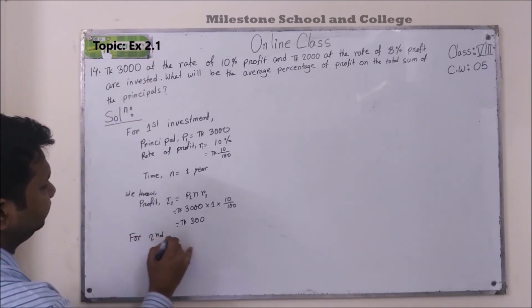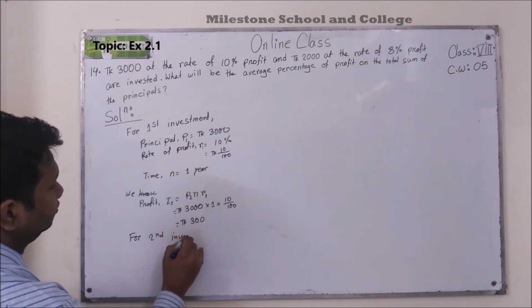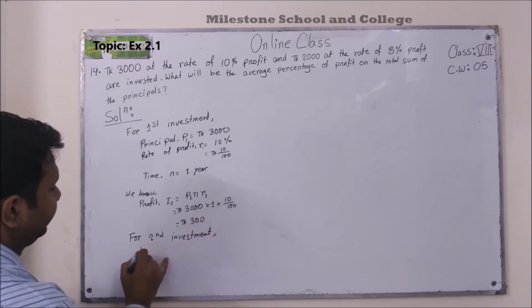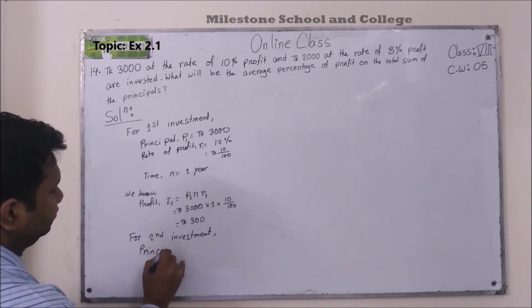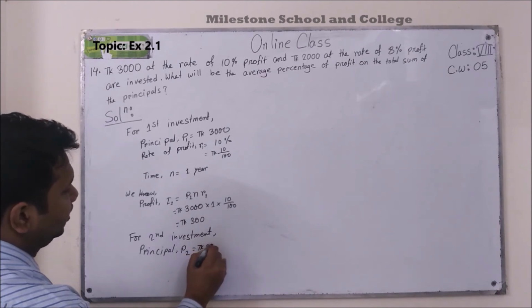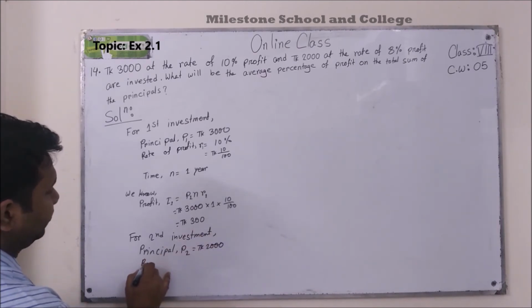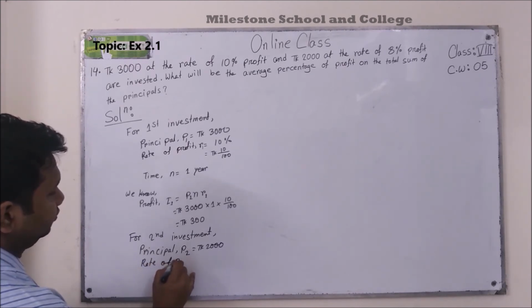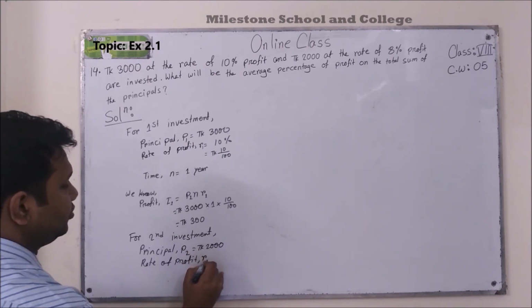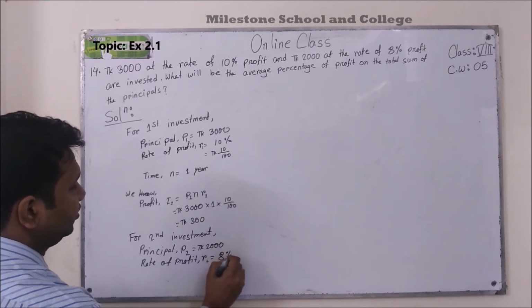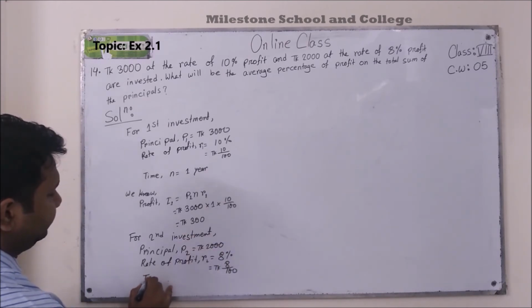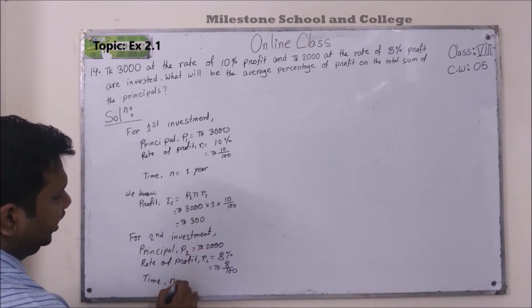Now for the second investment, principal P2 equal to taka 2000, rate of profit R2 equal to 8%, that is 8 by 100, time n equal to 1 year.